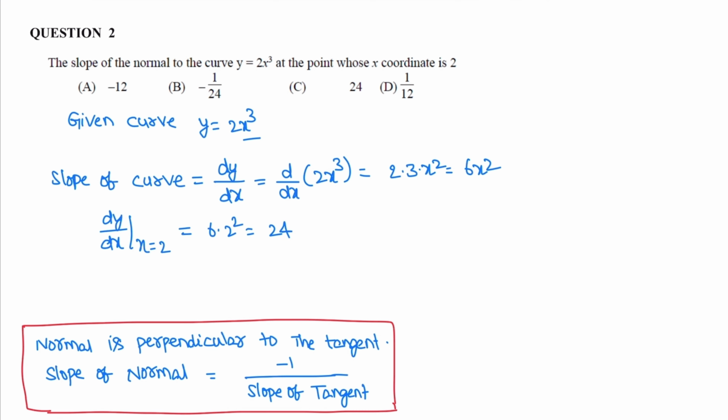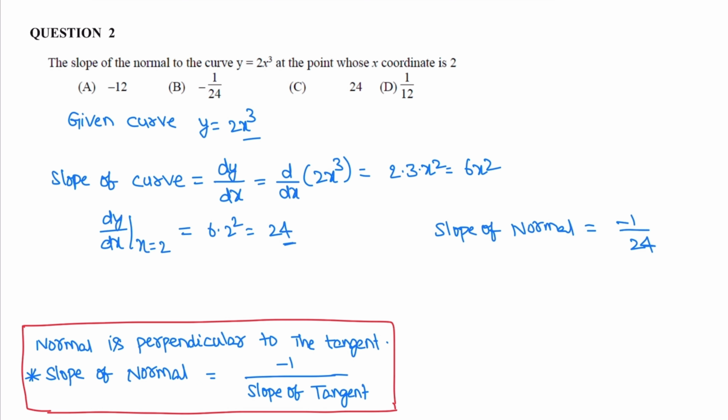Now we know that the normal is perpendicular to the tangent, and the slope of normal is minus 1 by slope of tangent. So the slope of normal is equal to minus 1 by 24.